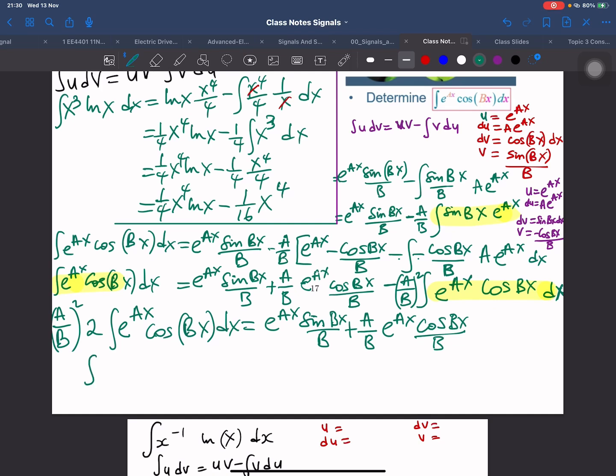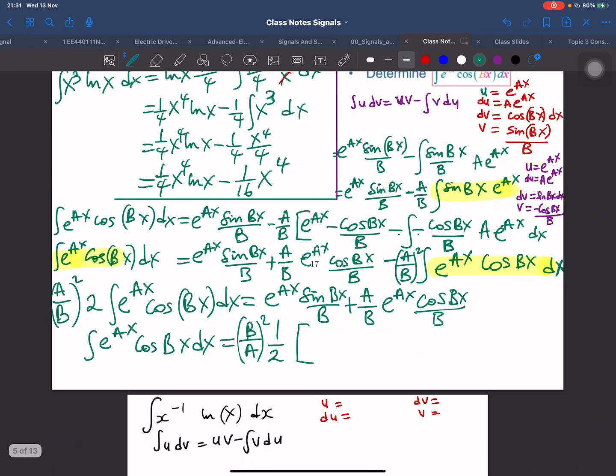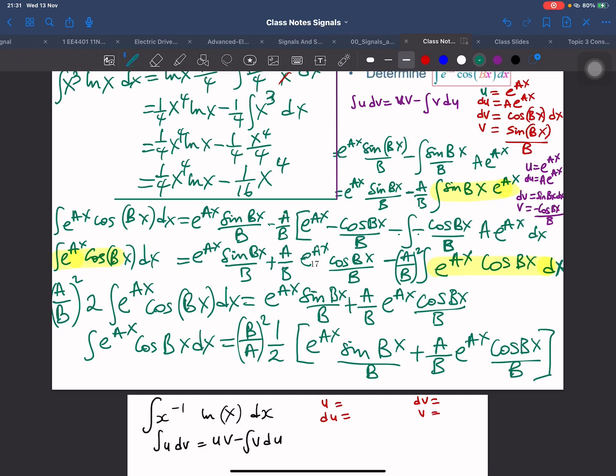Now have integration of e raised to power ax cos bx dx is equals to, now we have b over a all squared multiplied by 1 over 2 into e raised to the power ax sine bx over b plus a over b e raised to the power ax cos bx over b. This is the final answer.